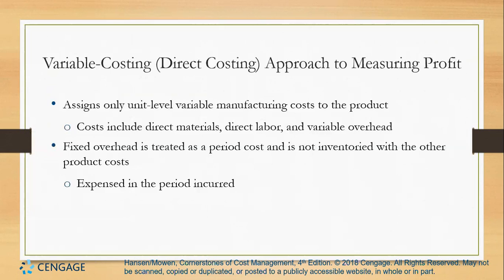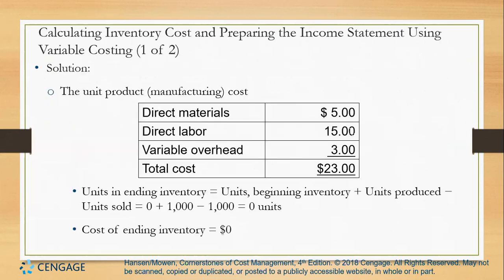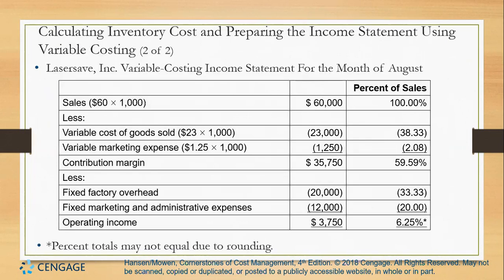And for variable costing, here we have your variable unit cost to exclude the fixed factory overhead. Then we have the variable costing income statement. Here, production and sales are just equal.